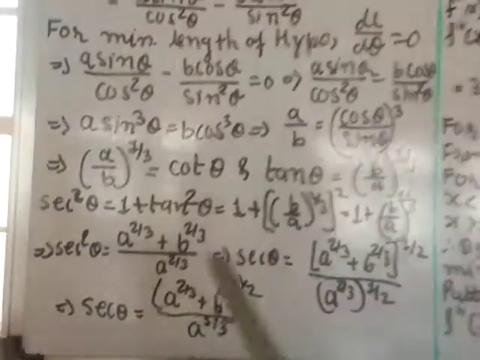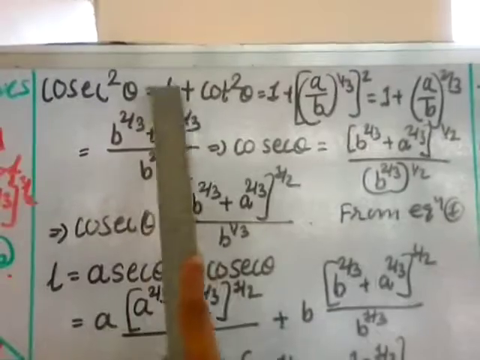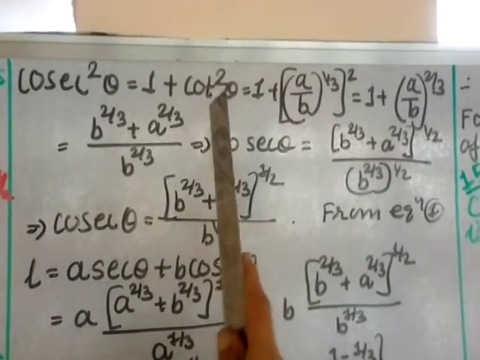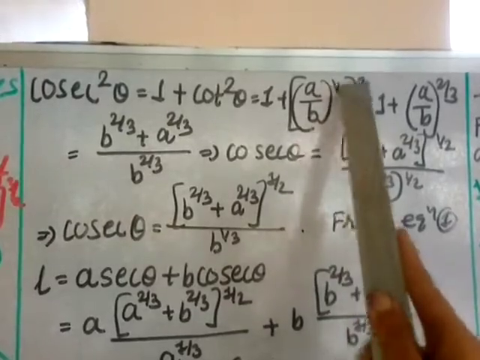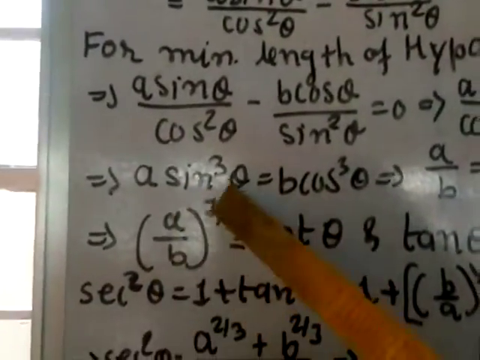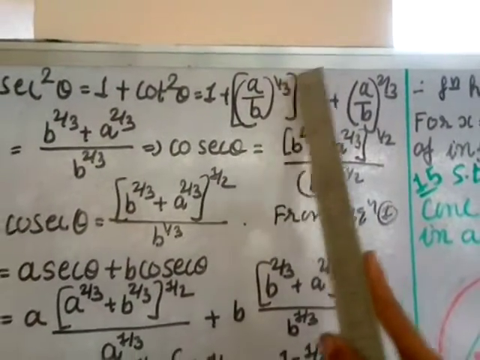Similarly, we have to find cosec theta now. For cosec square theta we also know the trigonometric relation: cosec square theta is equal to 1 plus cot square theta. Put the value of cot theta as (a/b)^(1/3), whole square. Square is there. This value is cot theta, which we found before, that is 1 plus (a/b)^(1/3). After that, give the power to both, so it will multiply here, so we get the 2/3 power.